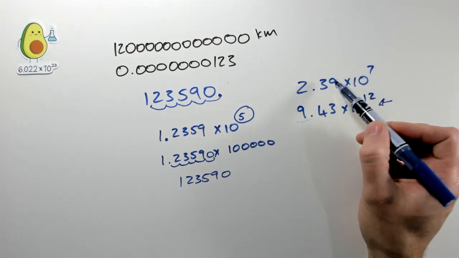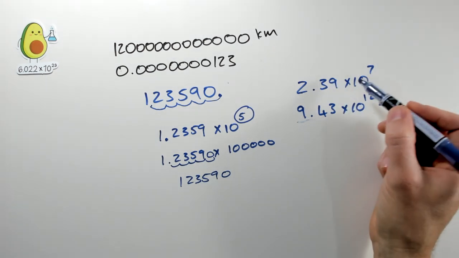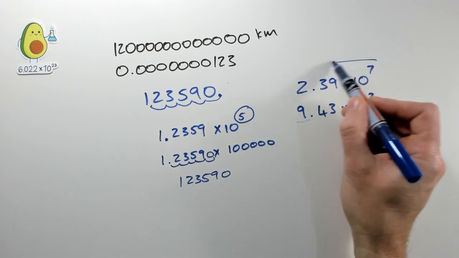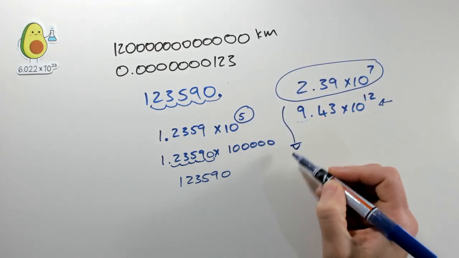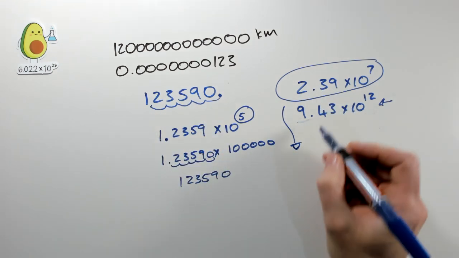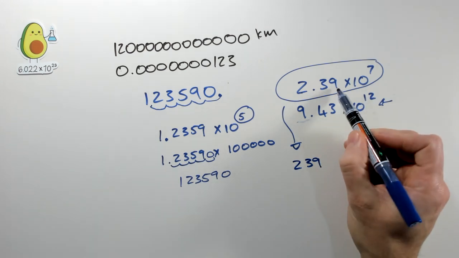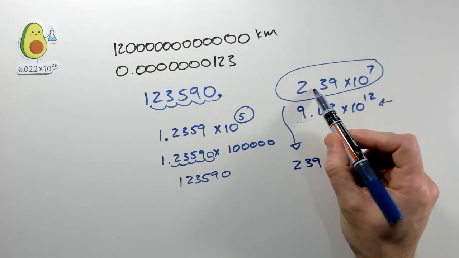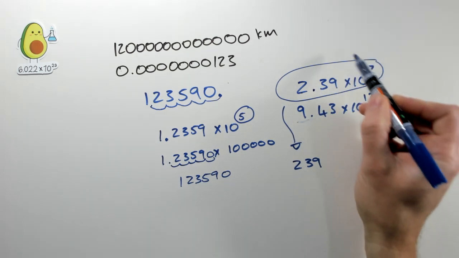They can also ask us to write this in expanded notation. So when I'm taking this number, for example, and I want to write it with the actual number, I'm going to write the 239, and in this case the decimal is there, and it's going to move 7 spaces to the right.